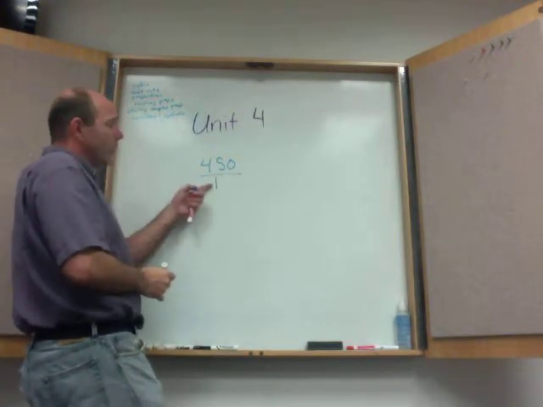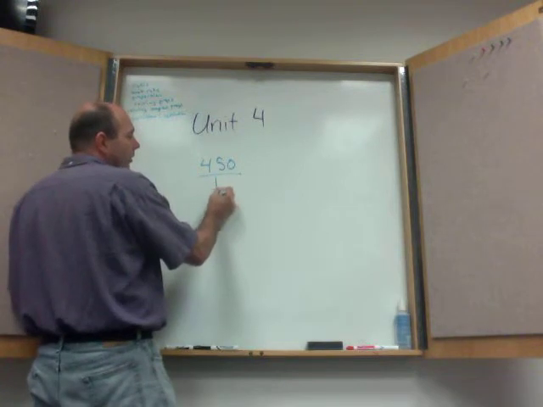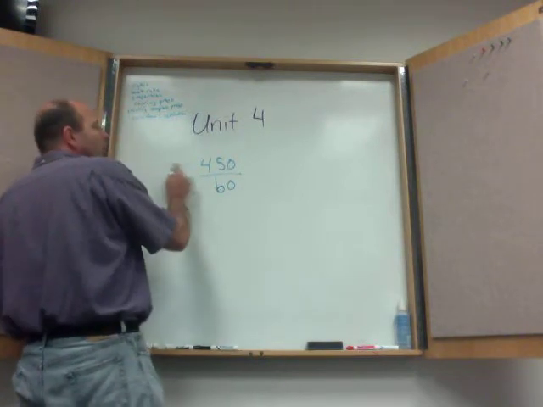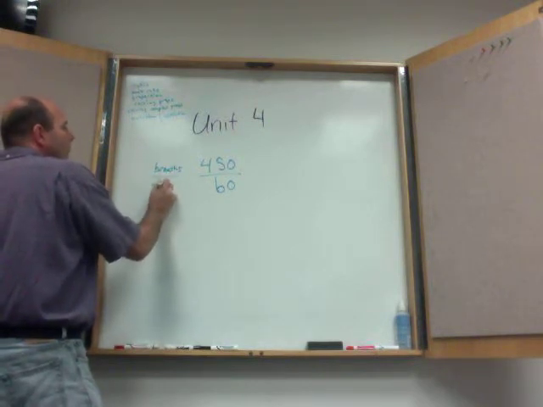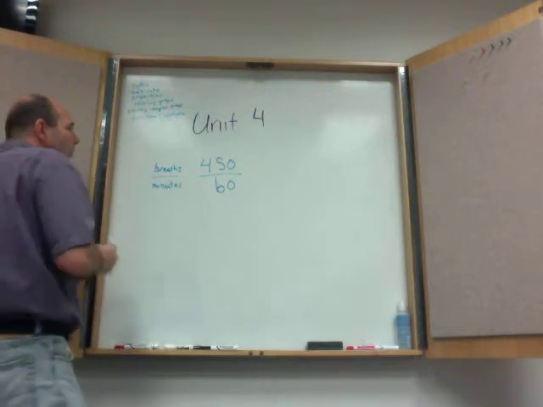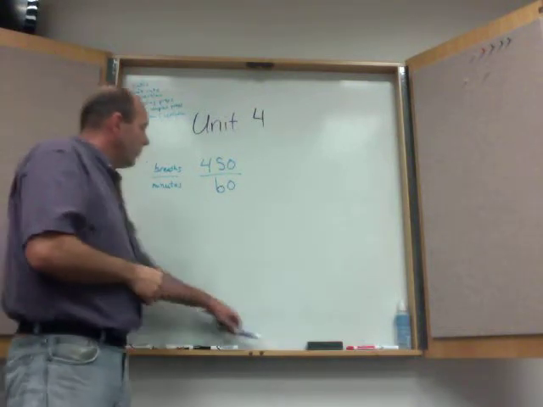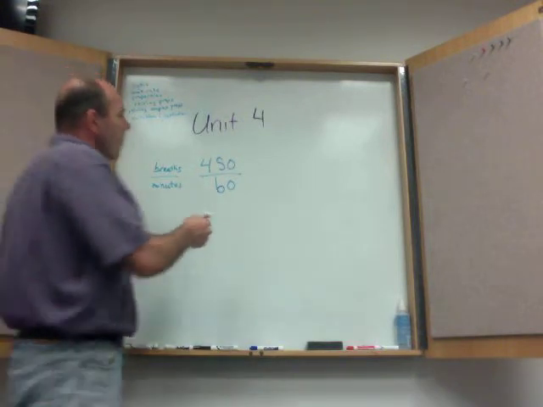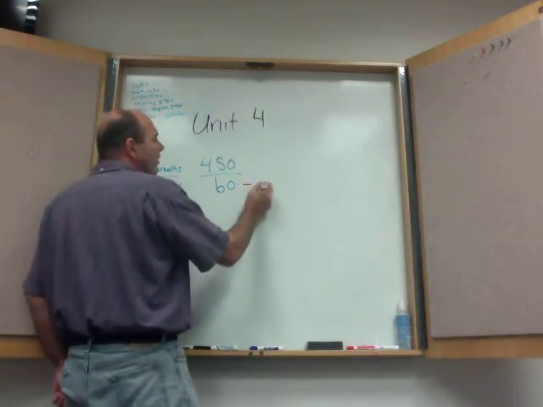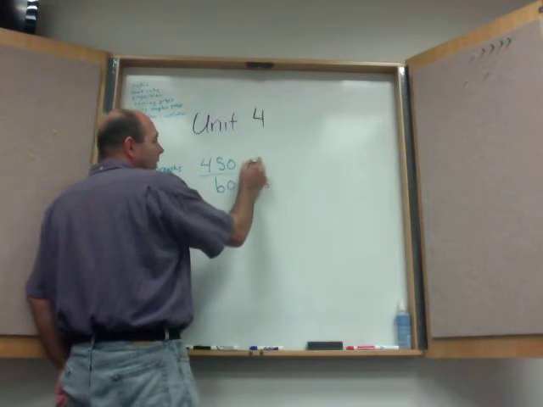Well, first thing I'm going to do is convert that to minutes. There's 60 minutes in 1 hour. So breaths, and I have minutes. I need to divide this by 60 to get it to 1. Divide by 60. I'm also going to have to do the same thing here.